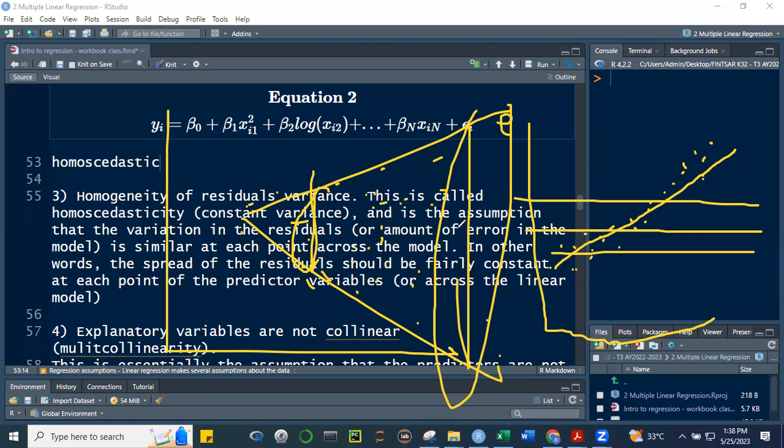Hindi. You will have to diagnose your model. You will have to test whether, isa yan, ano yung distribution ng variance natin? Is it residuals natin? Is it homoscedastic or heteroscedastic? Homoscedastic, good. Okay. Heteroscedastic, bad. We have to do some intervention with that.